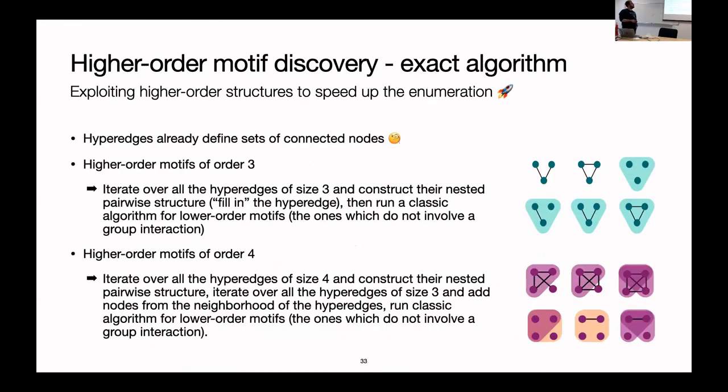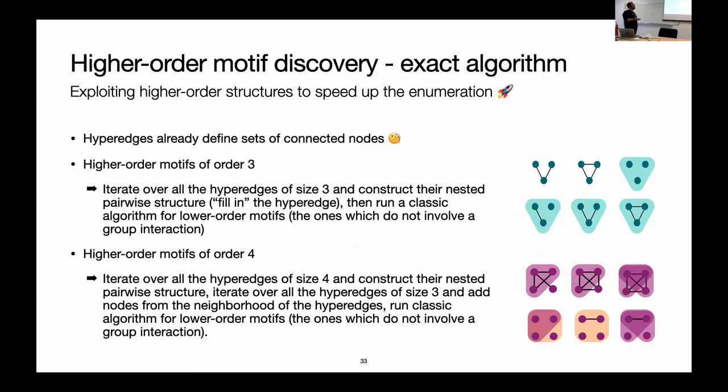We can do something more clever: exploit higher order structure directly, so we can avoid projecting things. The idea is that hyperedges already define sets of connected nodes. For example, if we take a look at the higher order motifs of order 3, we can notice that there are motifs that have a group interaction of order 3.